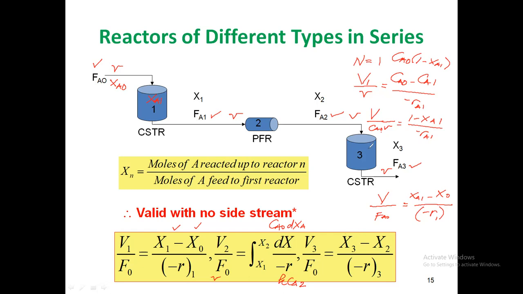Conversion here in the third tank minus the conversion here in the second tank, divided by the rate law referring to this particular tank. And that's your KCA3.